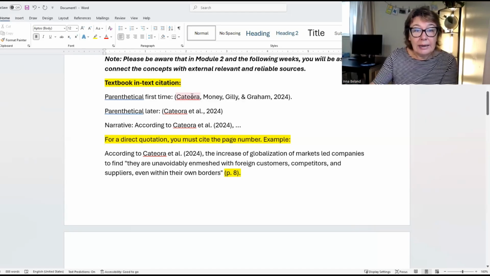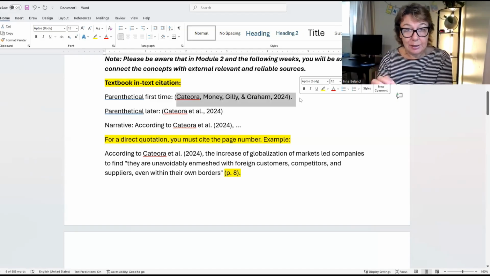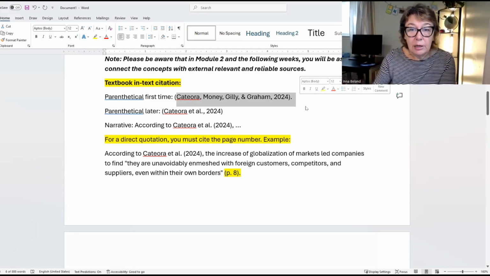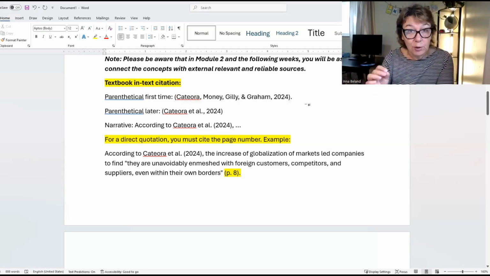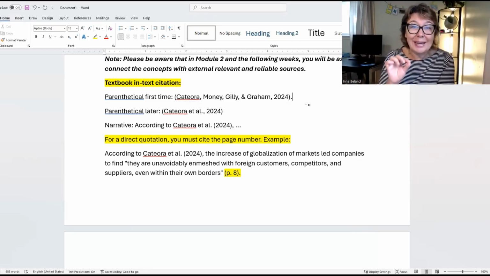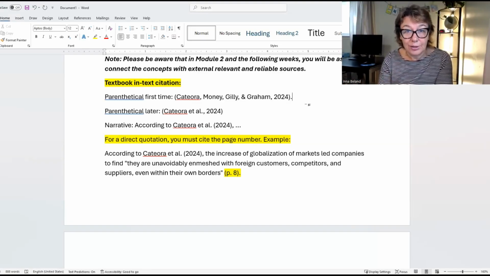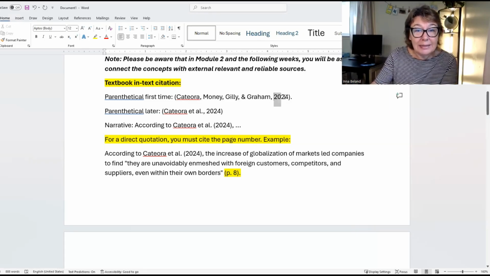For example, our textbook has 4 authors, and when you cite the textbook or any other source with multiple authors the first time, you have to list all of them, all the last names, no initials, just last names of all authors of the study, plus the year of publication.